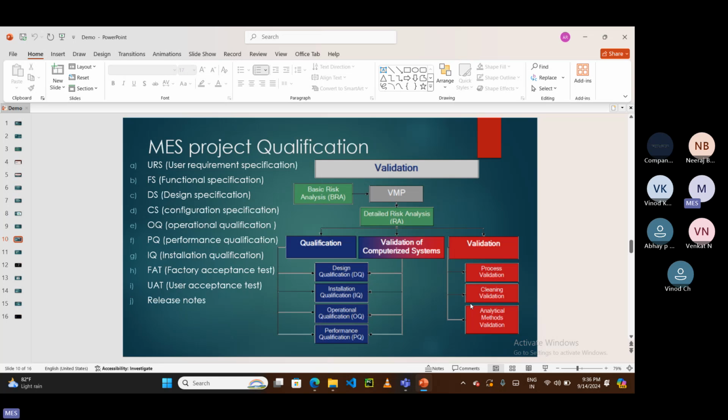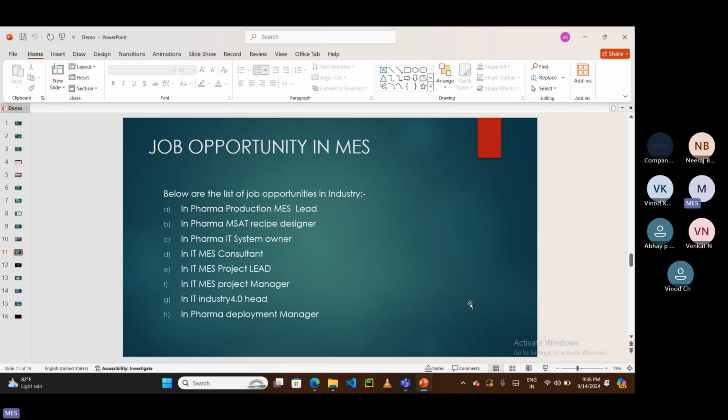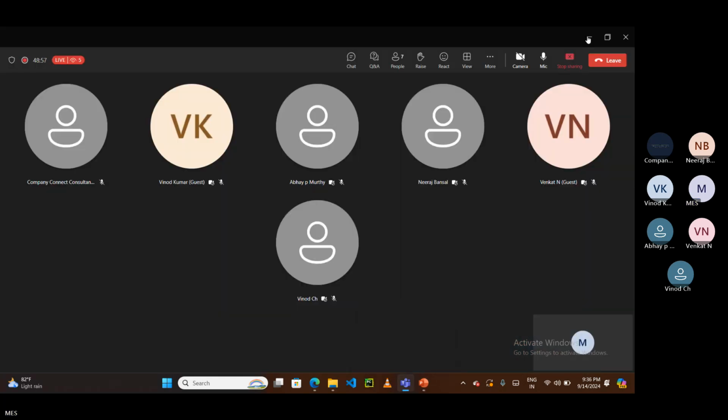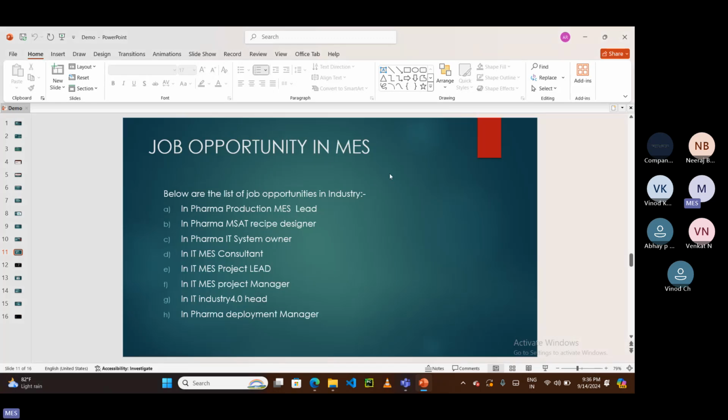So these are the job opportunities in MES. You will get a chance to work in pharmaceutical companies, and you will also get a chance to work in IT companies. In pharma, you will work as a production MES lead.